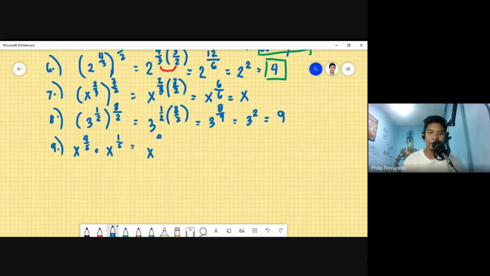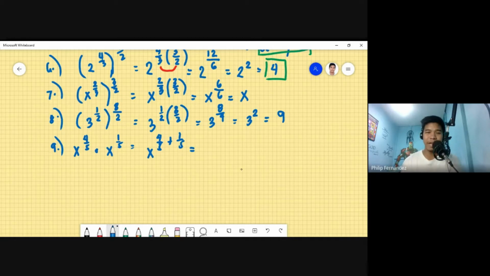So we have 4/5 plus 1/5. And another good thing here is that the two fractions are similar. When we say similar, parehas yung denominator. So kapag parehas yung denominator, ang gagalawin lang natin is the numerator. So i-add natin yung numerator over yung common denominator. So ikakopy lang natin yung denominator.